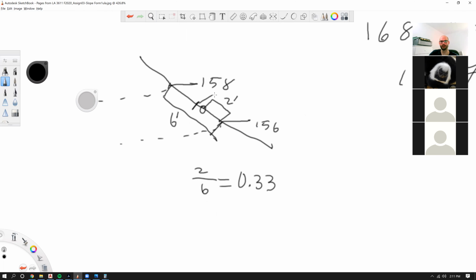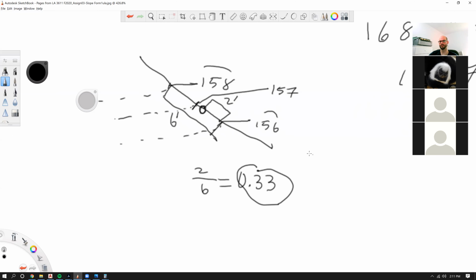That would be where 157 would be, a contour line, if we were to have one here. This point is obviously much more than a third of the way between 156 and 157. So if you just took this 1/3, that wouldn't make any sense. Because these contours are 2 feet apart, you need to multiply this by 2, giving you the 0.66.